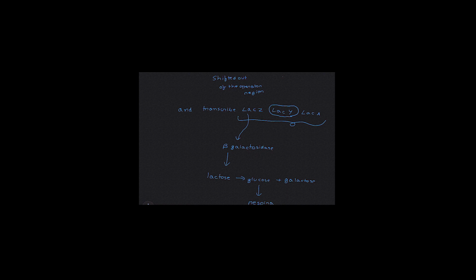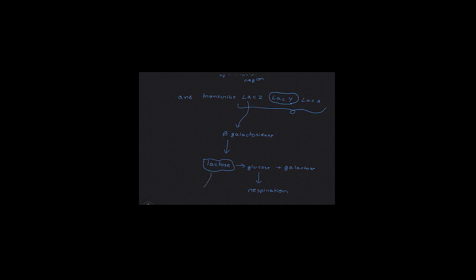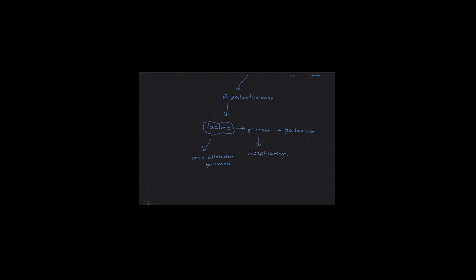And once our lactose is broken, less allolactose can be formed. This in turn frees our repressor protein, which in turn switches off the structural gene.